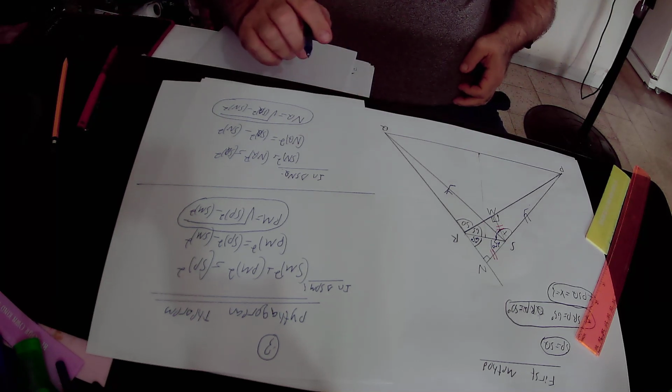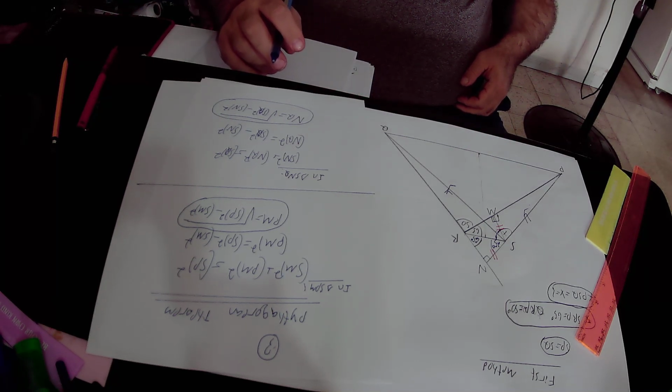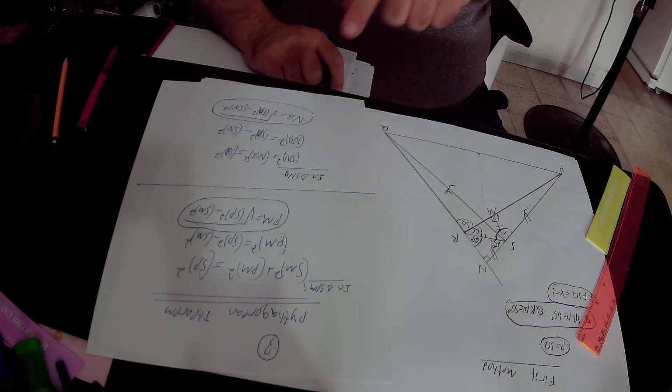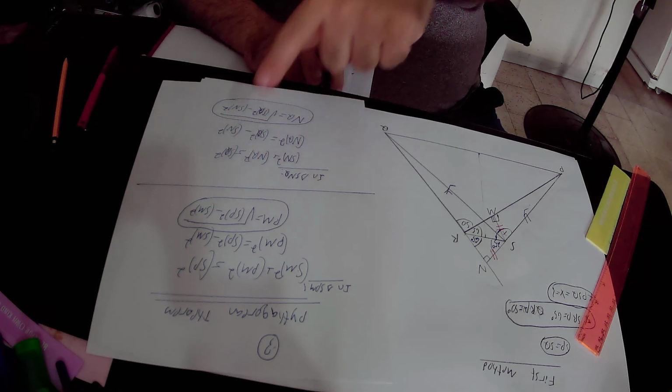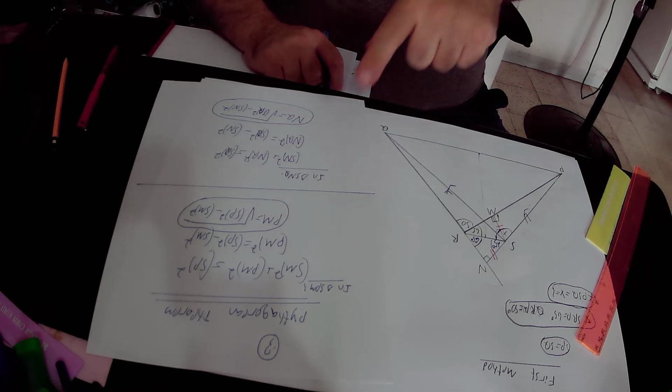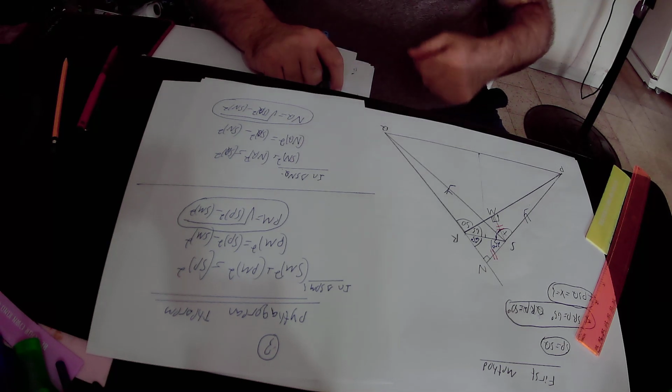So we found out that NQ equals the root of SQ square minus SN square, but because those two expressions are equal to each other, we can conclude that PM equals NQ.